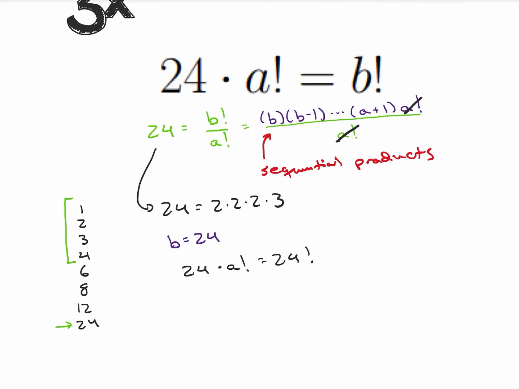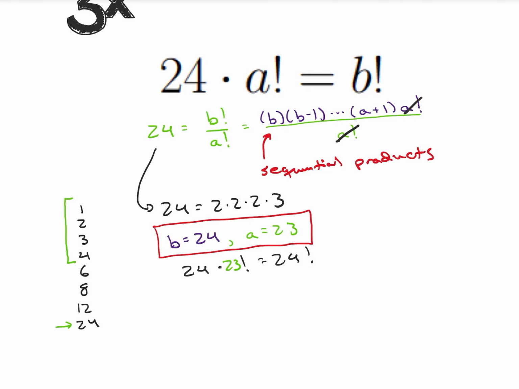So a would just be 23. If I do that, I'll see that I have 24 times 23 times 22 times 21 and so on equal to 24 times 23 times 22 times 21 and so on. So b is equal to 24, a is equal to 23. This is a solution to my problem.